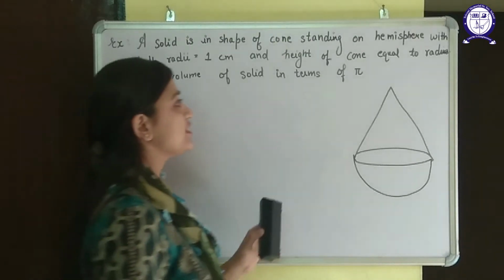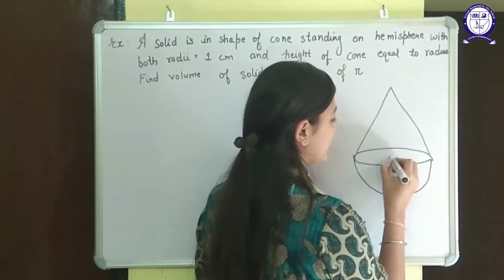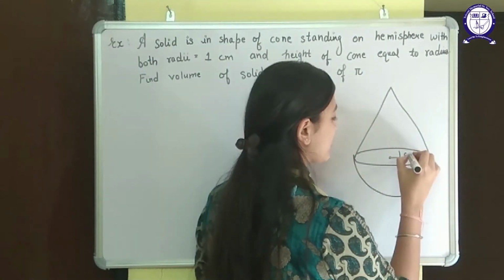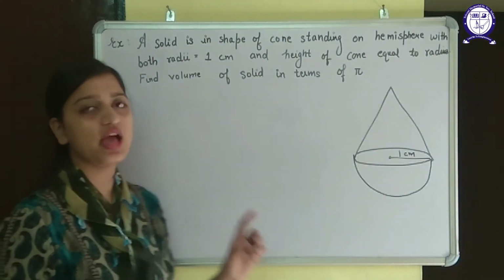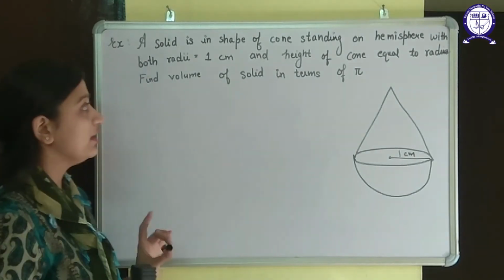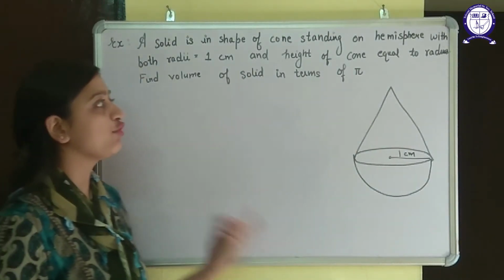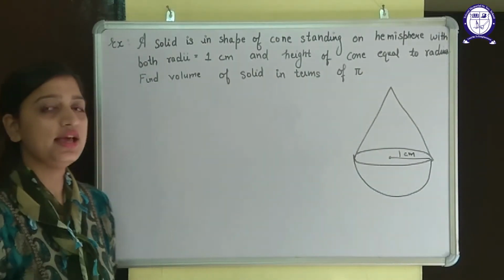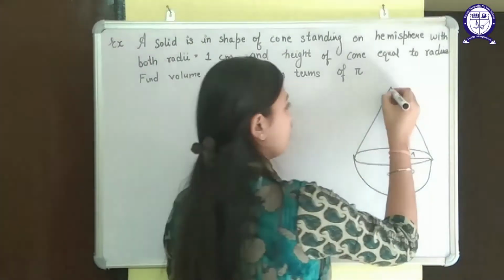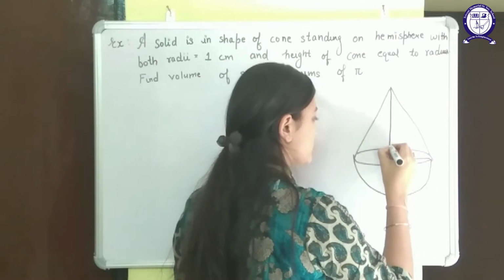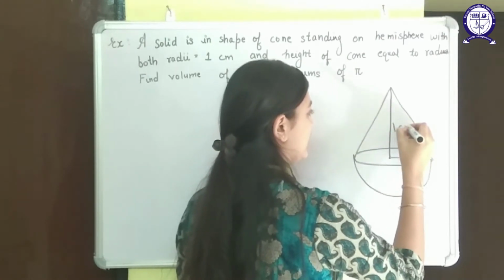Now the radius is given as 1 centimeter, and it is written that both the radii are the same, that is, the radius of the hemisphere and the cone is the same. Now the next line says height of cone is equal to the radius. That means the height of the cone is also 1 centimeter.